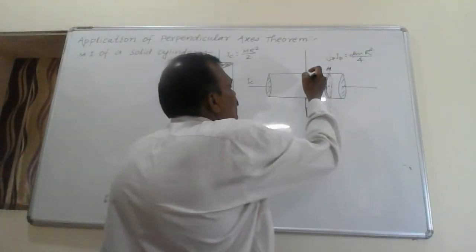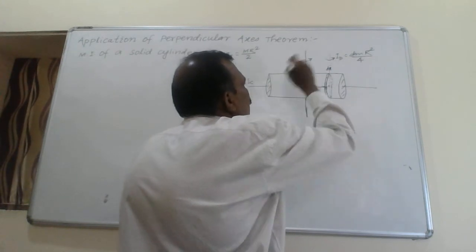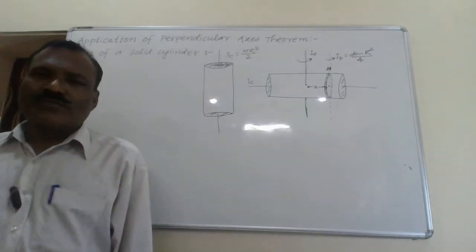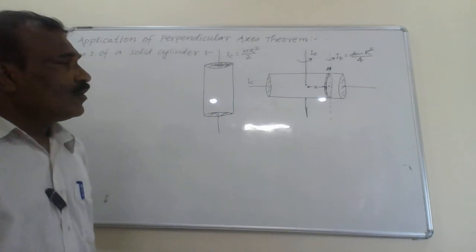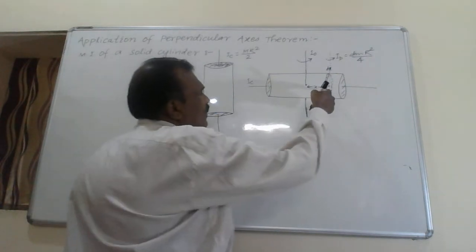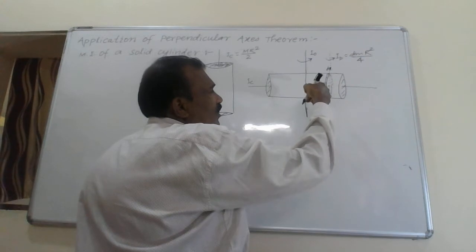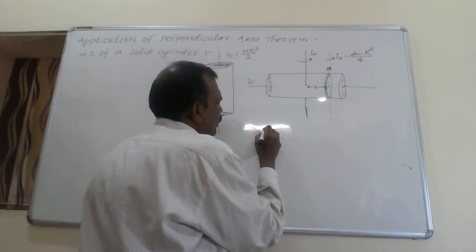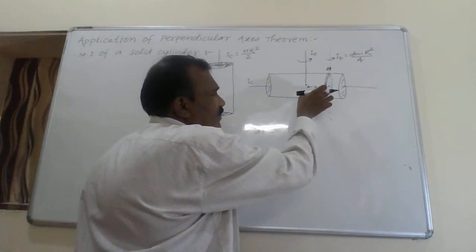So the moment of inertia of this along this axis is suppose IO. It is our IO. Then we have here the moment of inertia of this disc about this axis, which is our dI, it is at a distance of x.